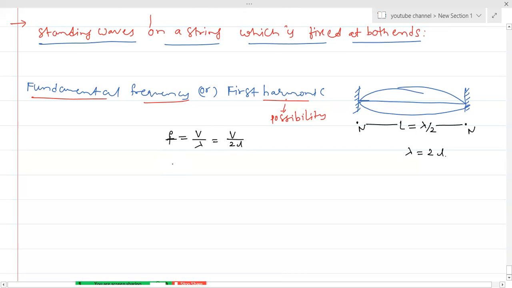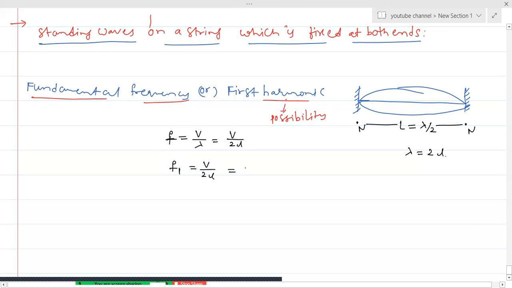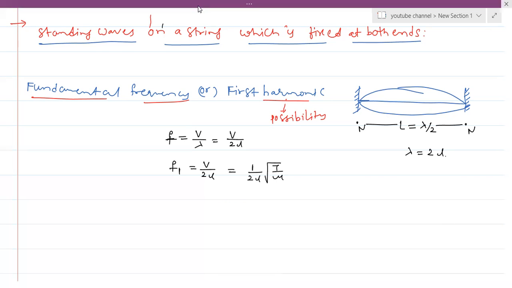As this is the first harmonic, we are writing F1 equivalent to V by 2L also. And we know the velocity of the wave in stretched strings as root of T by mu. Therefore 1 by 2L into root of T by mu. So this is a very important basic here.